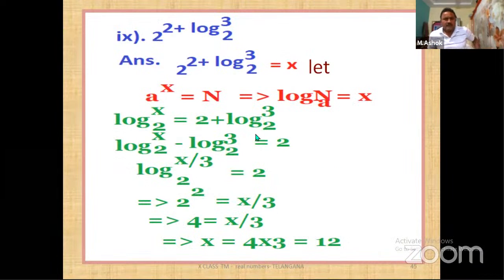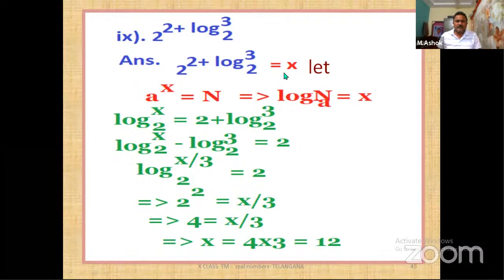And this is one more sum, a bit tough. Look here: 2 to the power of (2 plus log 3 base 2). So we need to find its value. I am assuming 2 to the power of (2 plus log 3 base 2) is equal to x. Basing on this formula, this is the exponential form, so I am writing the logarithmic form.